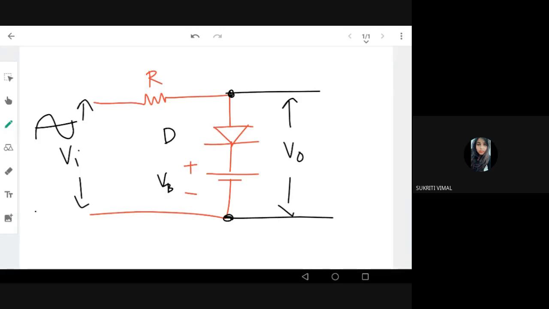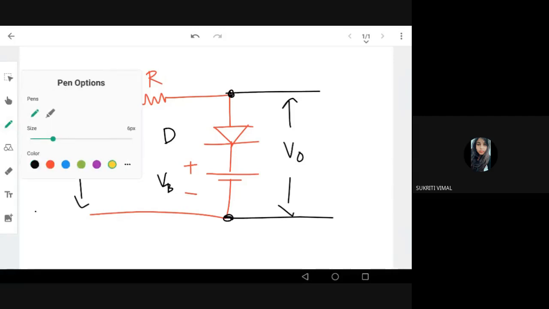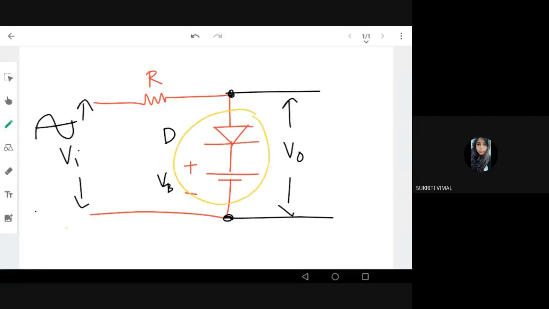Now we will take the diode and exchange this part of the circuit with the resistor. We'll swap these two things and see what the output is.